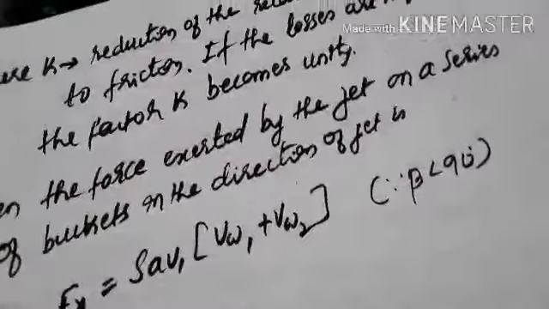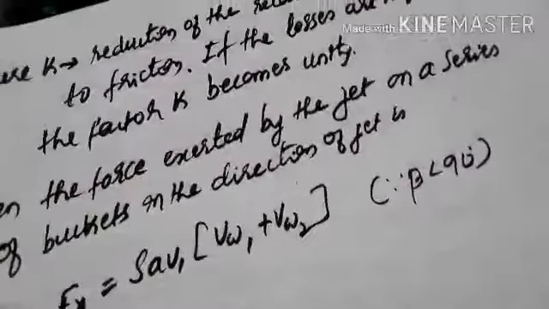Then after this, we are interested in the efficiency of the jet. This can be given as work done per second divided by kinetic energy per second. It is output by input. What input we are giving at the inlet of the turbine is the kinetic energy of the water, that is jet power, the kinetic energy of the water per second striking.